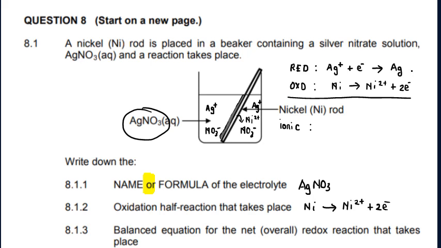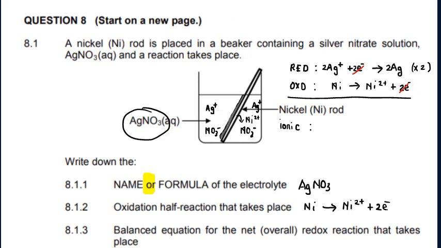First of all, we need to balance this. We just need to times the first reaction by 2, to give us 2, 2, and 2. Now the electrons cancel each other out, because in one reaction the electrons are reactants and in the other reaction the electrons are products.